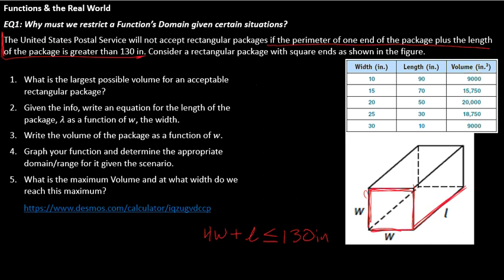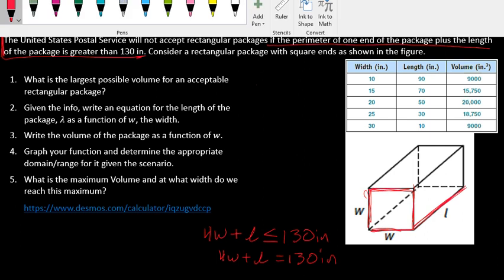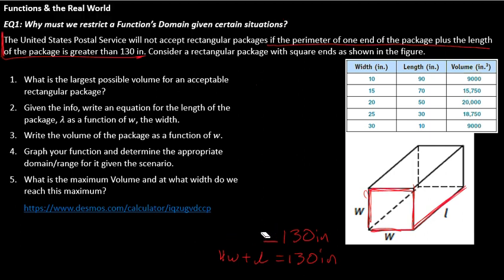But to make this simpler, let's not deal with inequalities. Let's deal with actual equations. So we can just say that 4 times the width, plus the length, has got to be equal to 130 inches. That way we don't have to mess with an inequality, and we know that the U.S. Postal Service will still accept it.